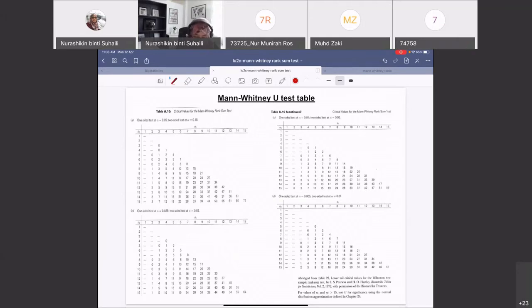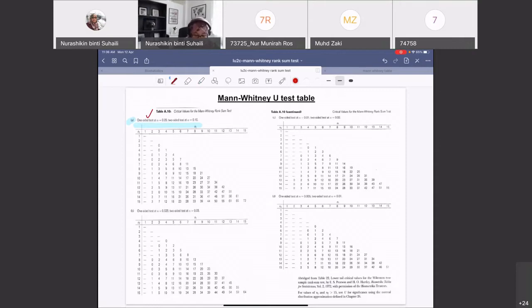If you see the first one here, A, this subtable is used for a one-sided test at alpha equal to 0.05, or a two-sided test when alpha is 0.1. There are 2 conditions under which you can use the first table. If your case is a one-sided test and your alpha is 0.05, you use this one.